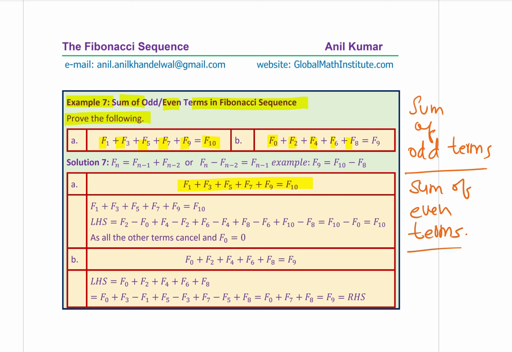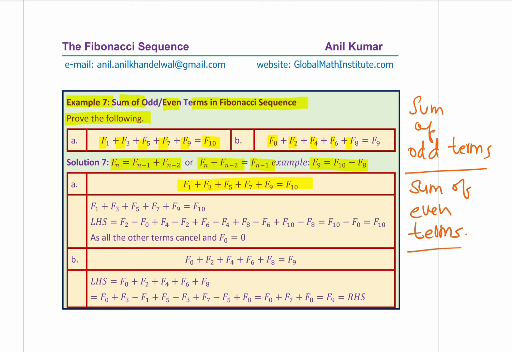Do you see that? So basically what we did was, you know this particular formula, fn is fn minus 1 plus fn minus 2. Rearrange it, right? When you rearrange it, bringing fn minus 2 to the left side, we get fn minus 1. So you can write fn minus 1 as the difference of fn and fn minus 2. That should help you, right?